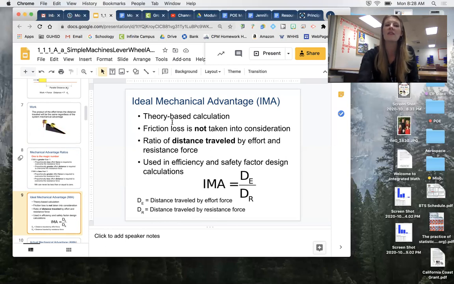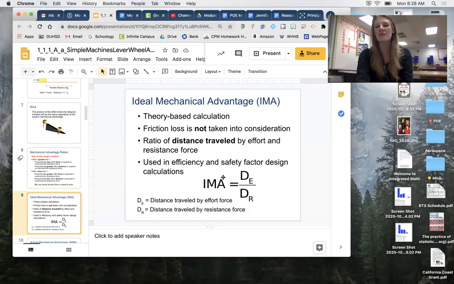We are doing this as a theory-based calculation, so we're talking about a frictionless environment, which we know is not actually true. When I'm sliding that thing up the inclined plane, there's friction happening there, and we're not taking that into consideration with the IMA, the ideal mechanical advantage. So just be aware of that.